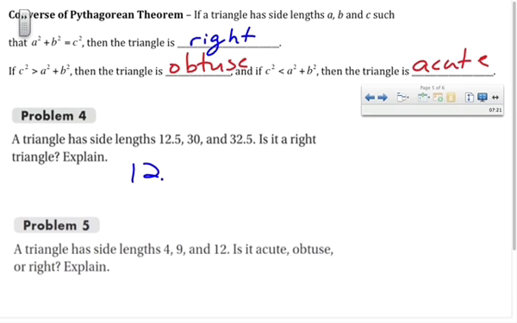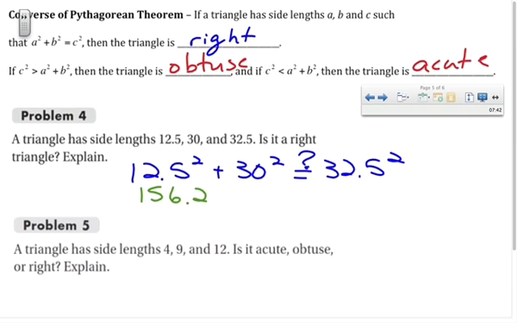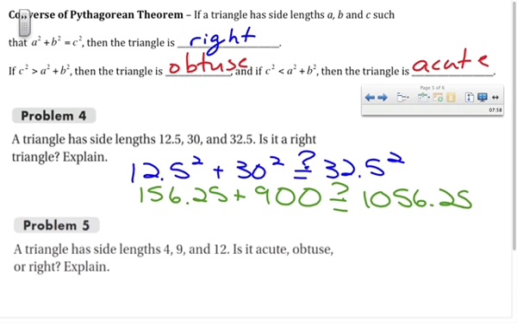So that's what we're checking. It's a yes or no question. Yes.